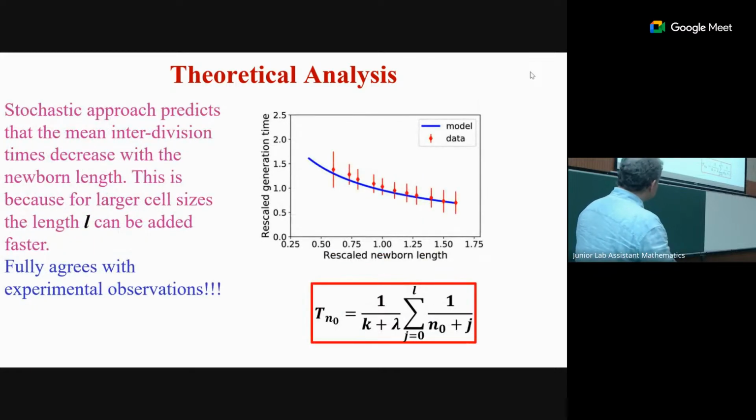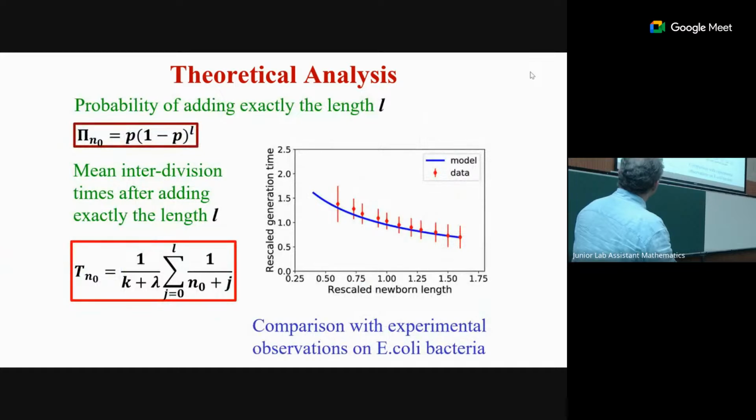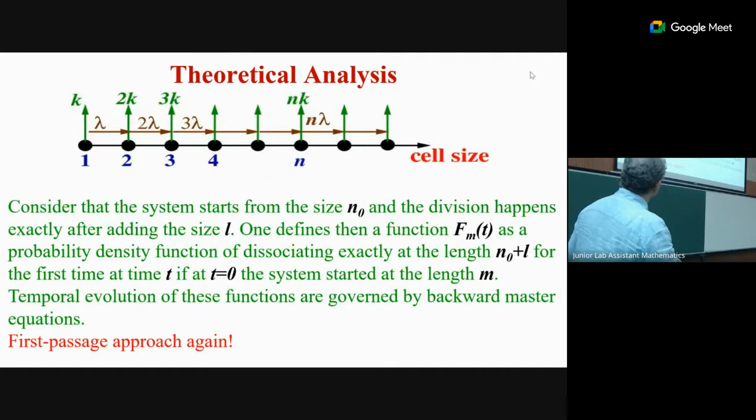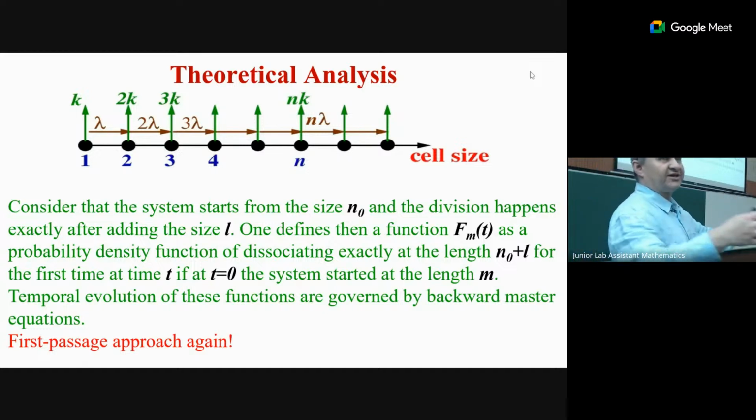The question is, why is there a decrease? And the reason is actually very simple. Let me go back to the model and you'll understand. The point here is, if I start with this size and I divide over here, the dynamics at the beginning is relatively slow overall. So it will take me longer to add exactly the same length. But if I start at larger lengths already, and I still need to add the same length, it will be faster dynamics.